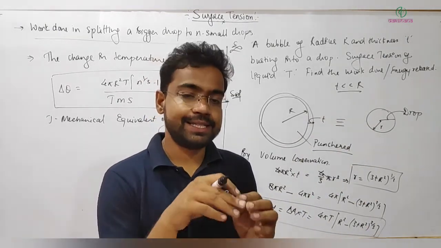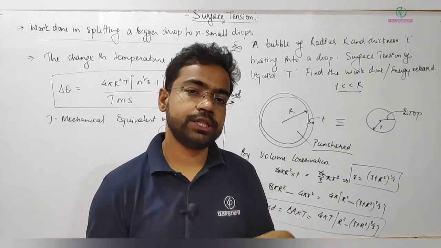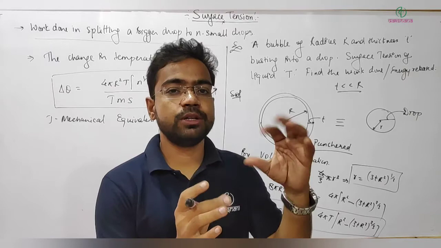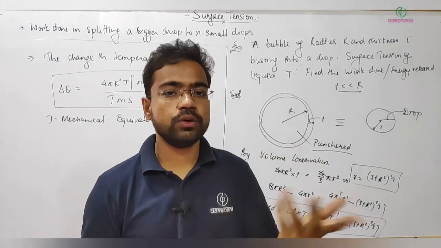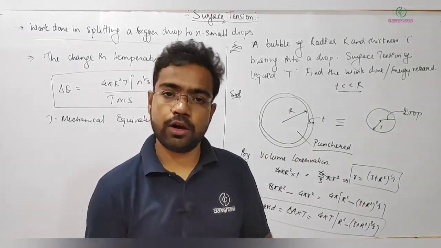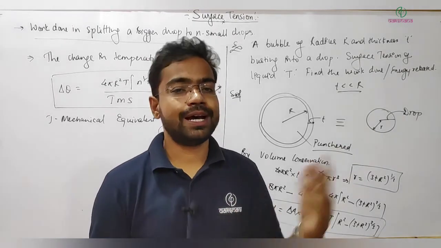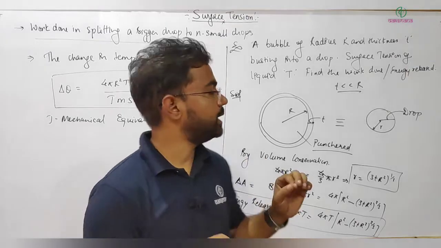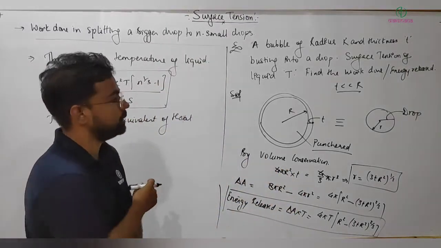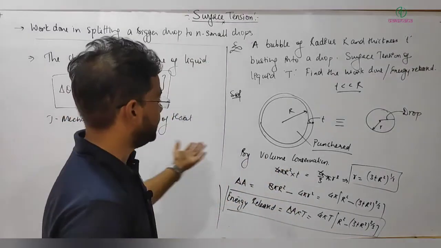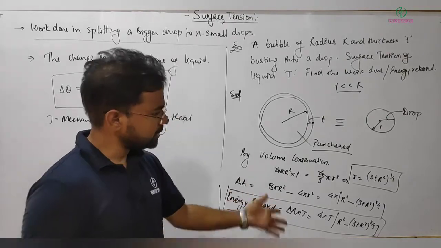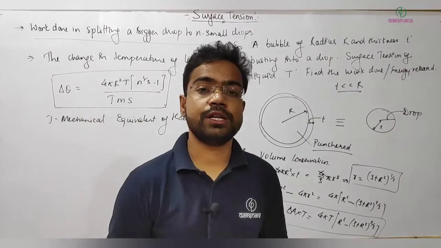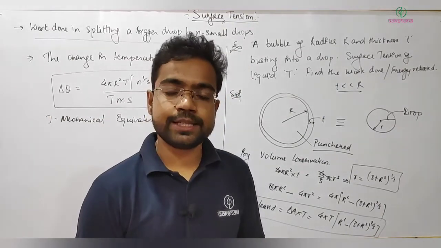If we are changing the area, say blowing a smaller bubble to a bigger bubble, then you need to go for change in surface area. Logically things must be clear, then I don't think you will have any problem going any way from any direction. And if you remember things from your heat and mass transfer, then energy supplied is equal to what?